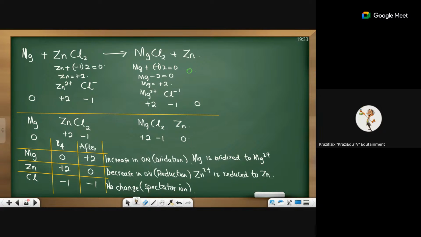The left-hand side, we have Mg. On the right-hand side, I want to rewrite this thing here. I want to rewrite this because I want you to see. Now I want you to understand this, that we look at oxidation numbers. So it is important for us to be able to calculate oxidation numbers.